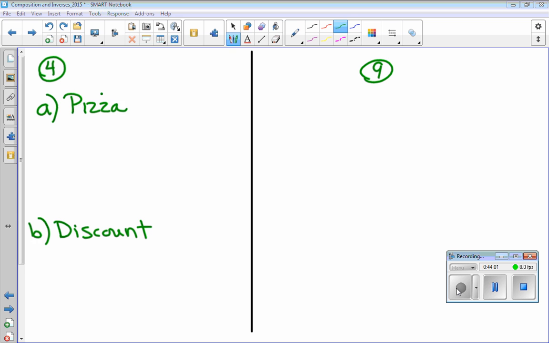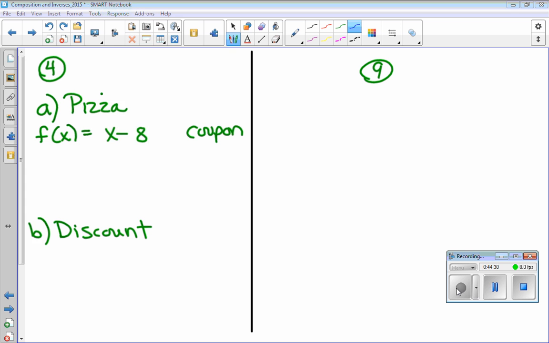So let's write the coupon as f of x. So this is going to be our coupon question. How do I write the function for a coupon if I get $8 off? What would that be? Minus 8. So it's going to be the pizza minus 8. So x minus 8. That's the coupon function. Very good.